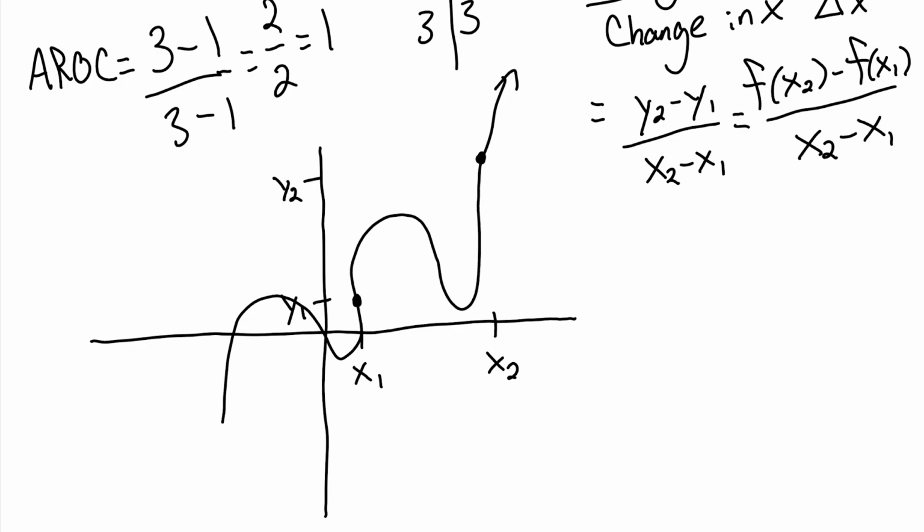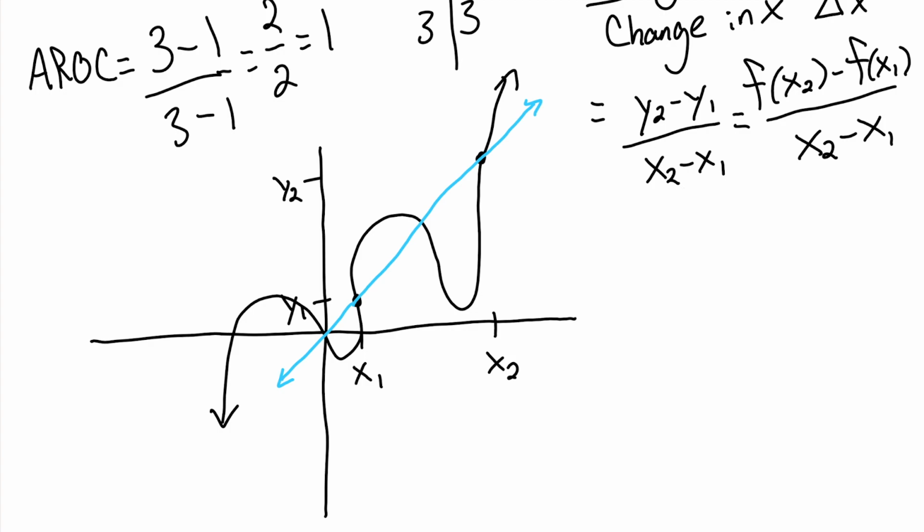Maybe it looks like this or something. When we're looking at the average rate of change between these points, we're simply drawing a straight line through them and finding the slope of that line. The slope means the steepness of the line, which is exactly this formula right here: the change in y divided by the change in x.